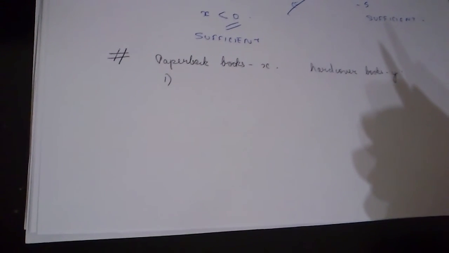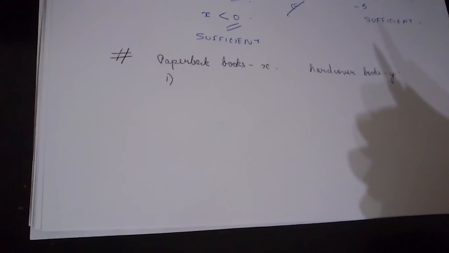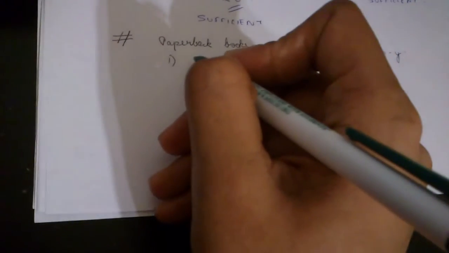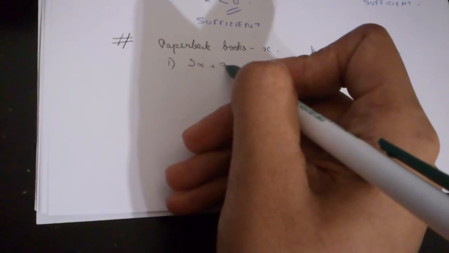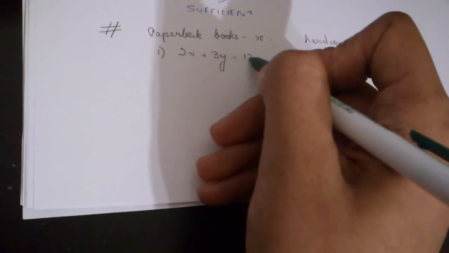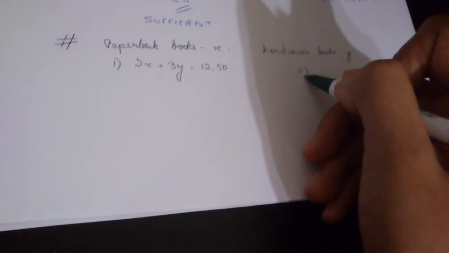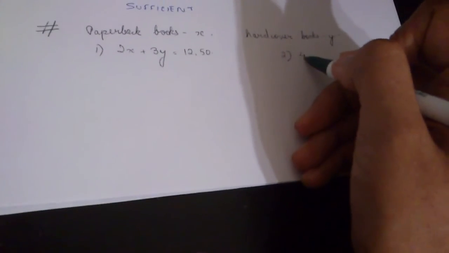Now, how do we go ahead? There's no further information given in the question itself. However, there are two statements that give us some information. The first statement says Joe bought 2 paperback books and 3 hardcover books, so that is 2x plus 3y is equal to 12.50. The second says Paul bought 4 paperback books and 6 hardcover books for $25.